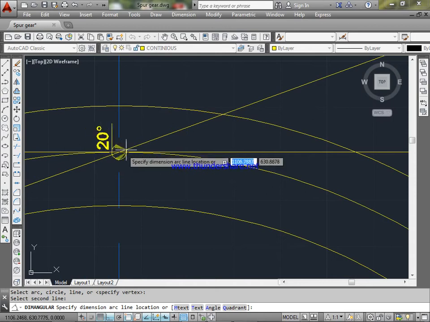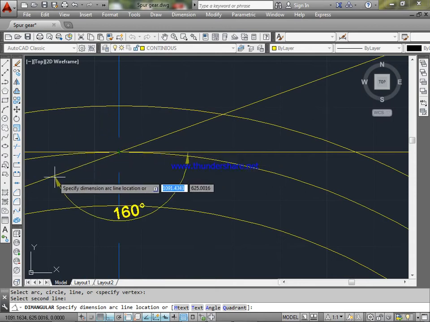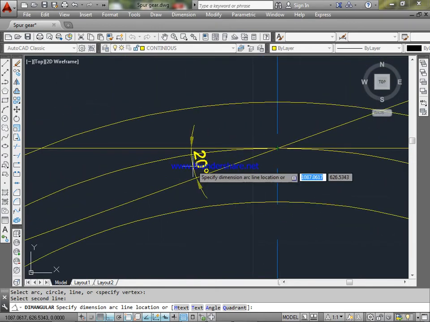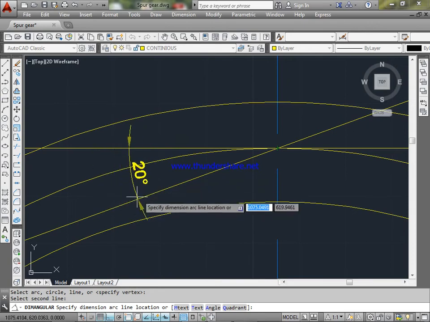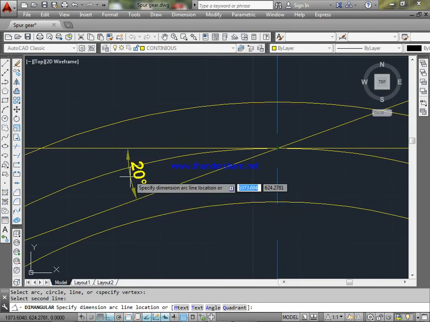This is the pitch point, and here is also 20 degrees from the pitch point. Okay. Now to draw the base circle.